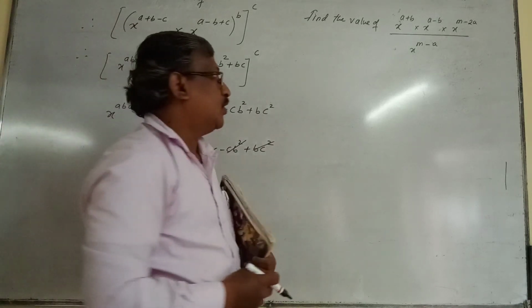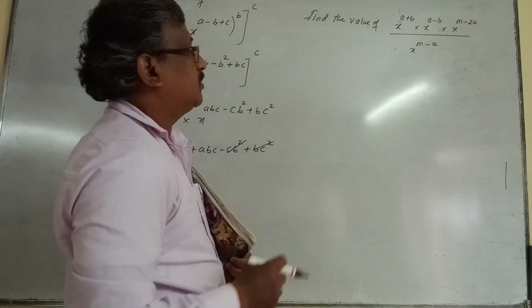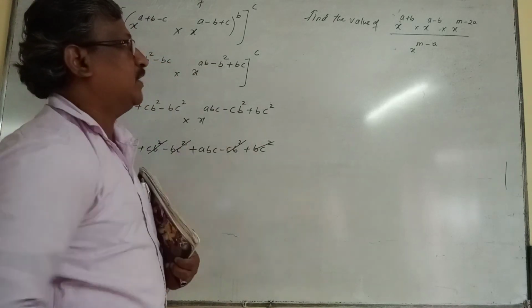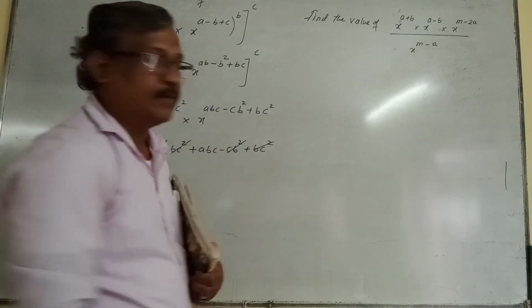So I have to find out the value of x raised to a plus b into x raised to a minus b into x raised to m minus 2a divided by x raised to m minus a, right?